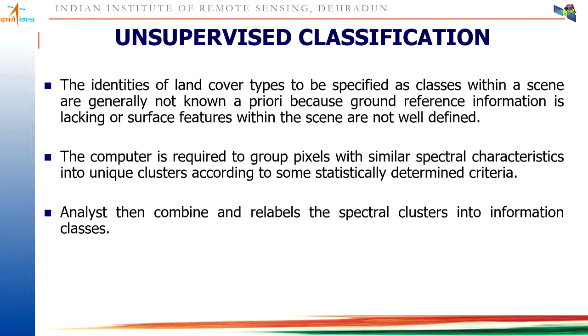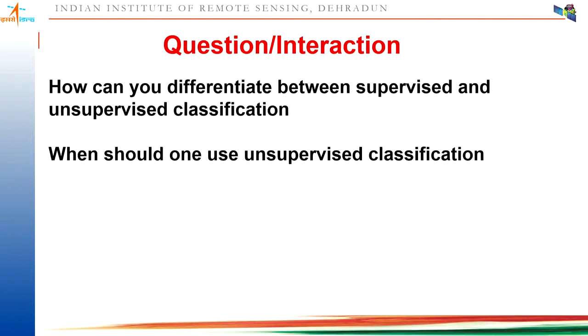So we ask the computer directly to group similar pixels, based on their spectral characteristics, into unique clusters by certain statistically determined criteria. Once the computer has made these clusters, the analyst then combines and relabels these spectral clusters into information classes. So, basically these are two different types of classification, supervised and unsupervised classification.